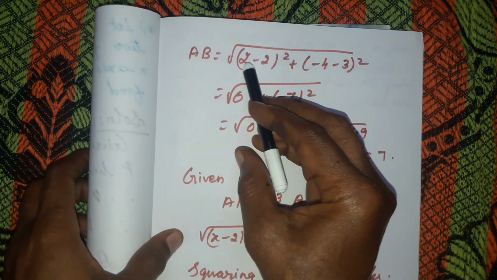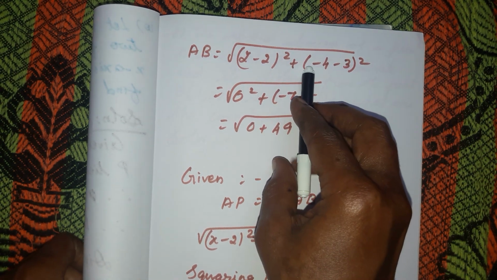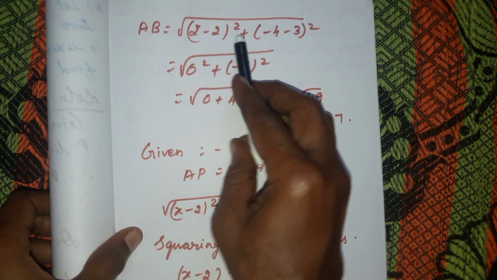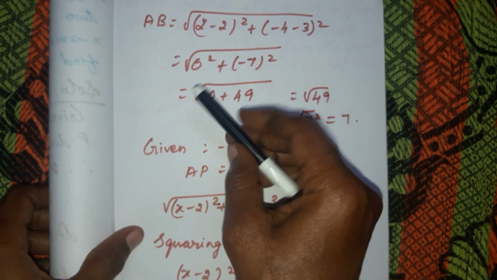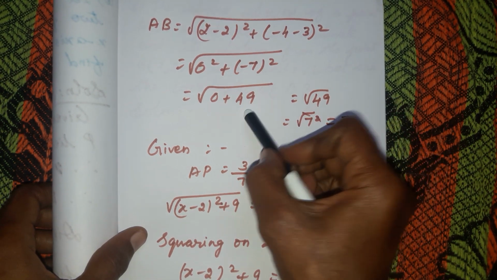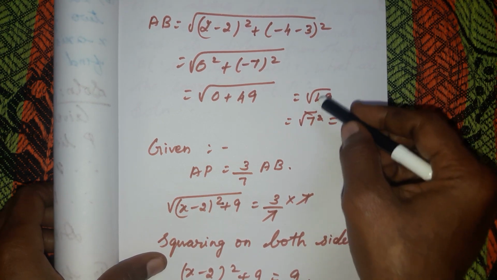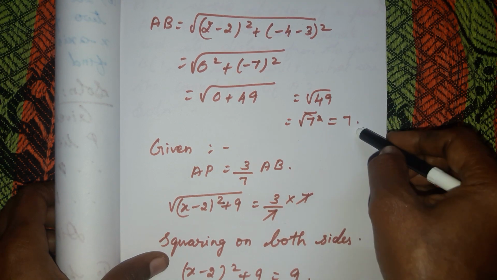Therefore, AB is equal to root of (2 minus 2) the whole square plus (minus 4 minus 3) the whole square. 2 minus 2 means 0, so 0 square plus (minus 7) the whole square. It is equal to root of 0 plus 49, which is root 49. Root 49, how can we write it? Root of 7 square is equal to 7.